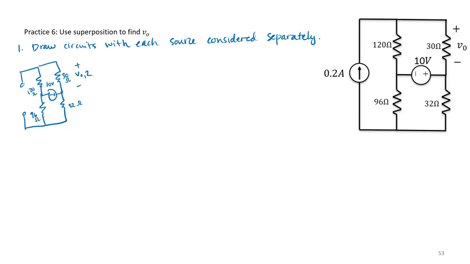And then similarly, I can draw the circuit with no voltage source. Remember, the voltage source is replaced with a short or a plain wire. I'm going to call this V01.